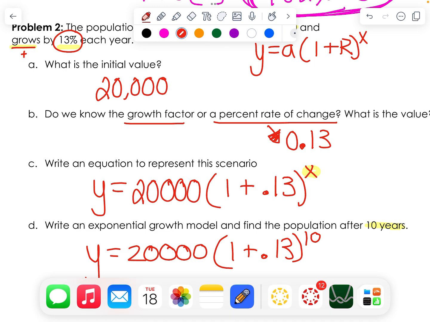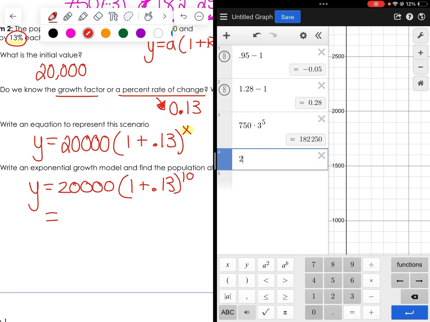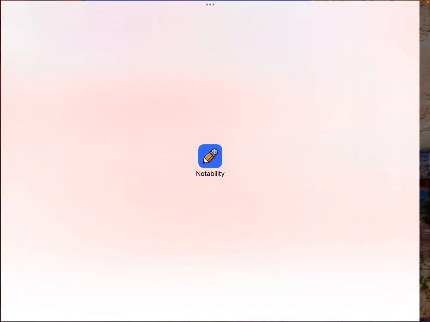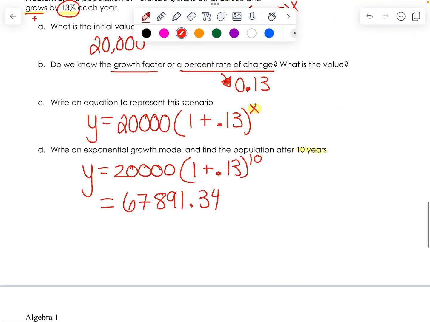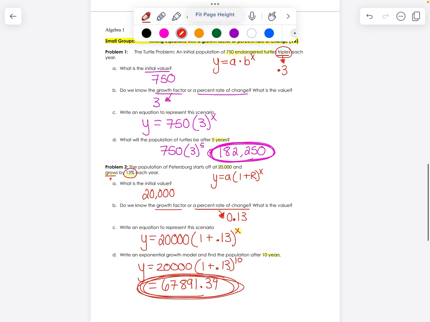And you just got to type that straight into your calculator. 1 plus 0.13 to the 10th, and we get about 67,9... 1.34. So that's the difference between giving a growth factor and a percent rate of change.